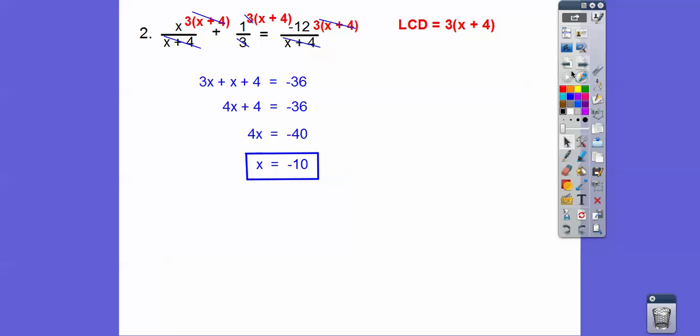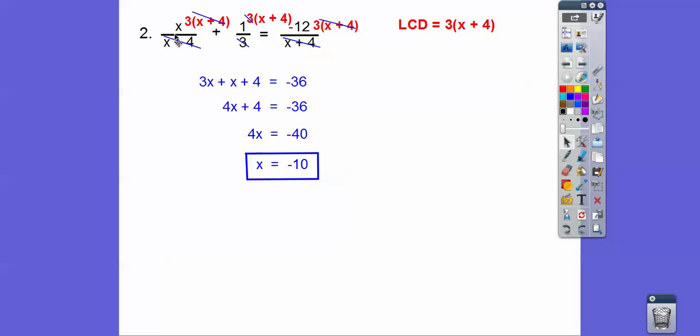Now, if you want to double check, you guys, we did this in class. A student named Chad and I did this in class. -10 over -10 plus 4. -10 plus 4 is -6. So -10 over -6, the negatives would cancel.